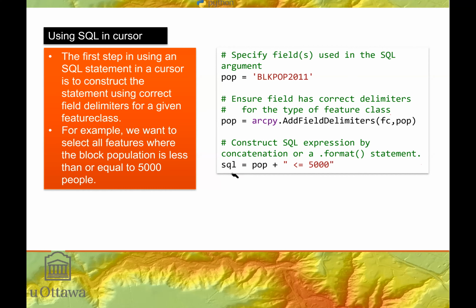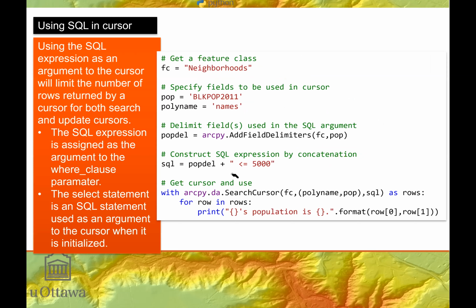I can put SQL in there. Here's an example of using that in a search cursor. My feature class is neighborhoods. I have a pop field, block pop 2011, and the name of the polygon fields, names, and I'll get those. And these will be the ones I put inside the cursor statement.